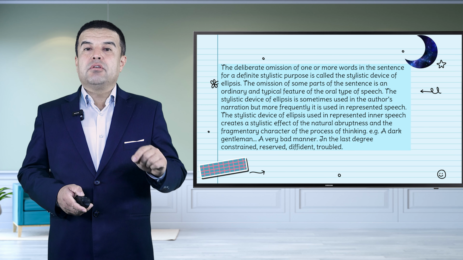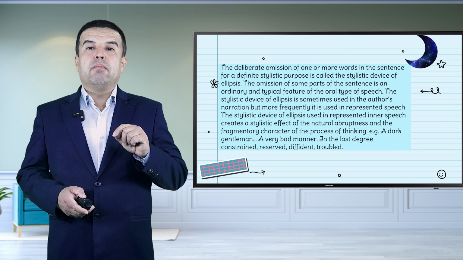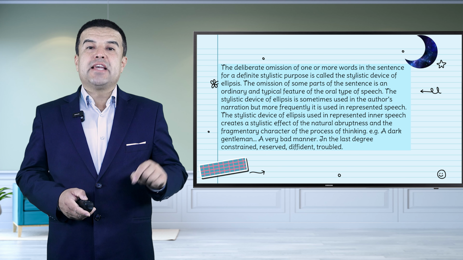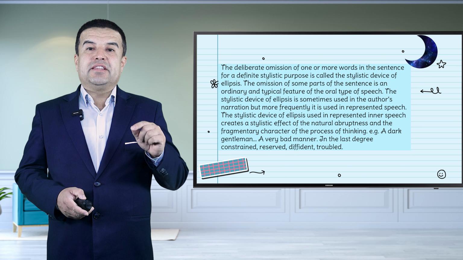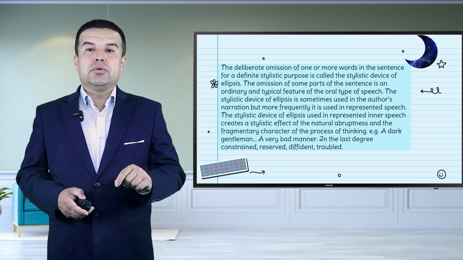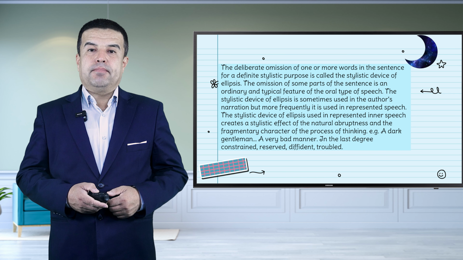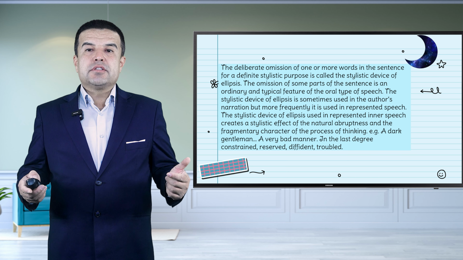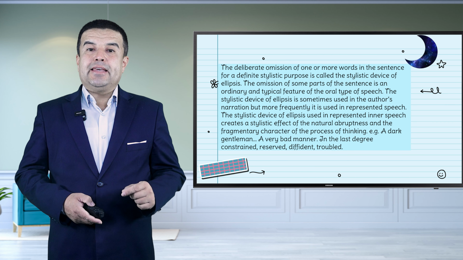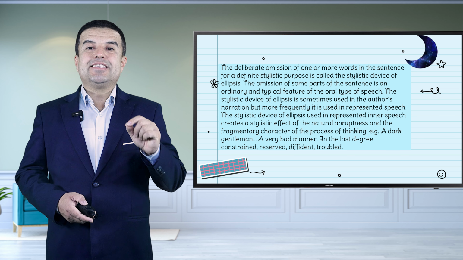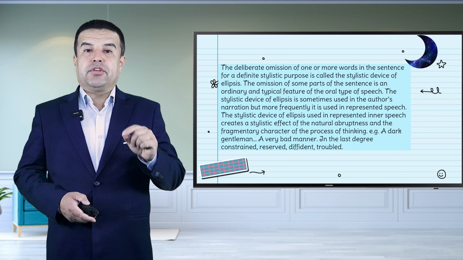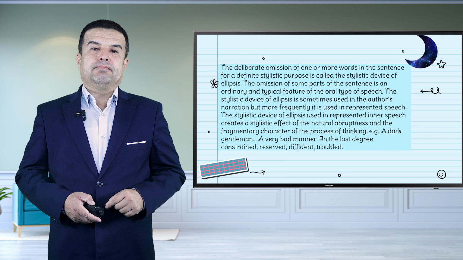The deliberate omission of one or more words in a sentence for a definite stylistic purpose is called the stylistic device of ellipsis. The omission of some parts of the sentence is an ordinary and typical feature of the oral type of speech.